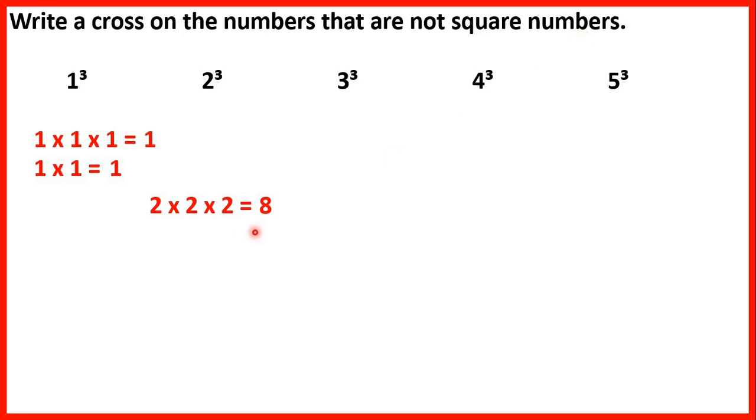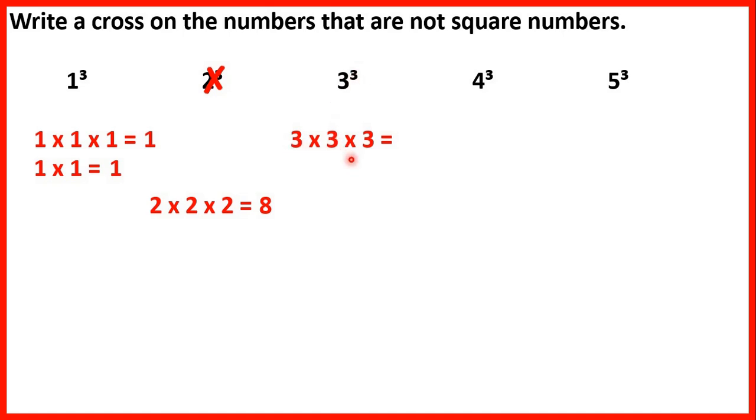Our square numbers are 1, 4 and 9 because 1 times 1 is 1, 2 times 2 is 4, 3 times 3 is 9, but 8 is not a square number because you can't multiply a number by itself to get 8 as our answer. So we need to put a cross on 2 cubed. Now let's look at 3 cubed.